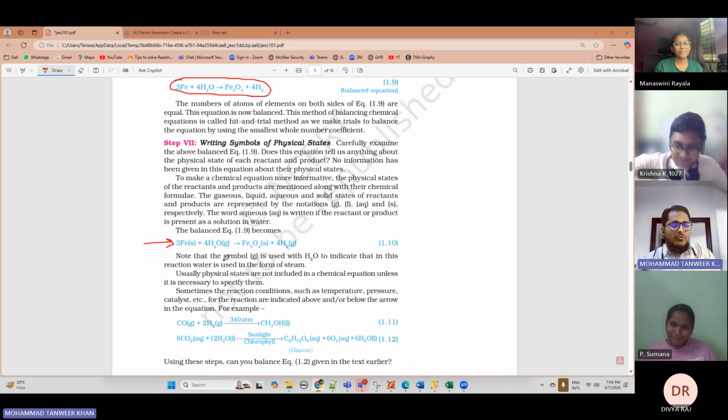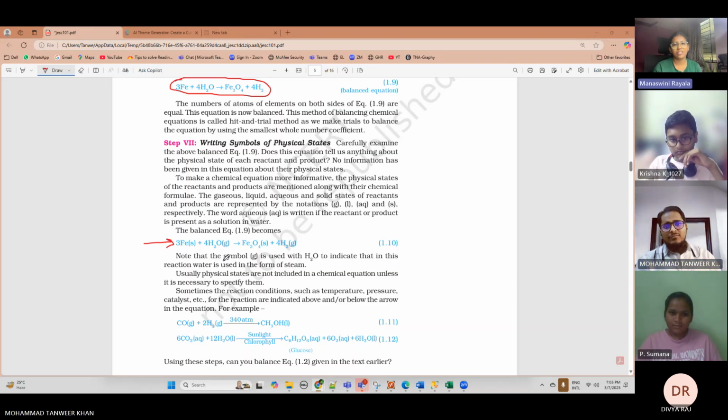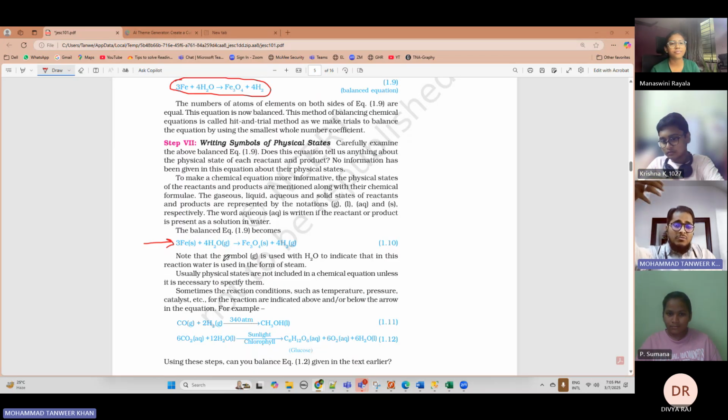Okay, so when H2O will be in gaseous form, who will answer? Vapors. When you boil water at or above 100 degrees Celsius, you will get water vapor, and that is nothing but the gaseous form of H2O. Got it? Note that the symbol G is used with H2O to indicate that in this reaction, water is used in the form of steam.